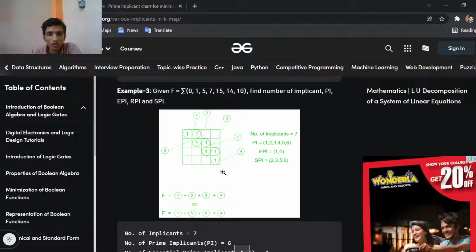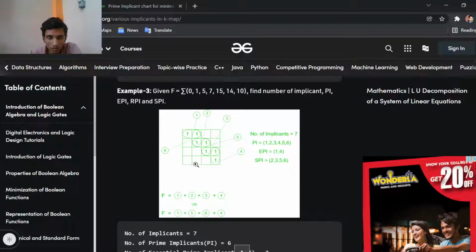So it is 7, and we can see the prime implicants are: 1, this one, 2, this one, 3, this one, 4, this one, 5, this one, and the last one, this one, is 6.